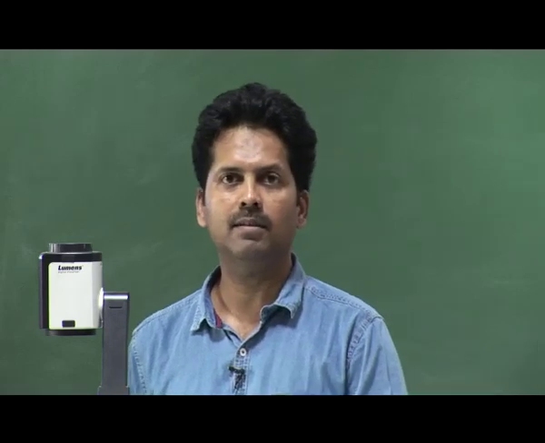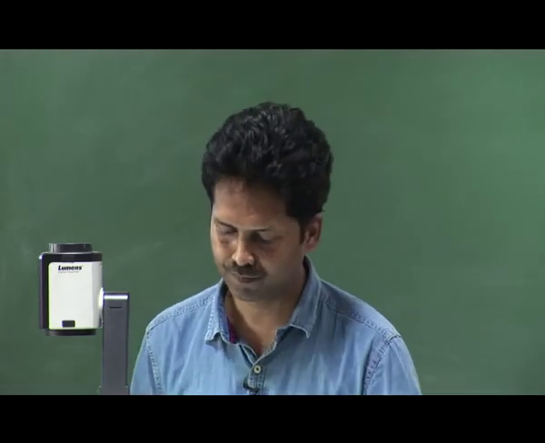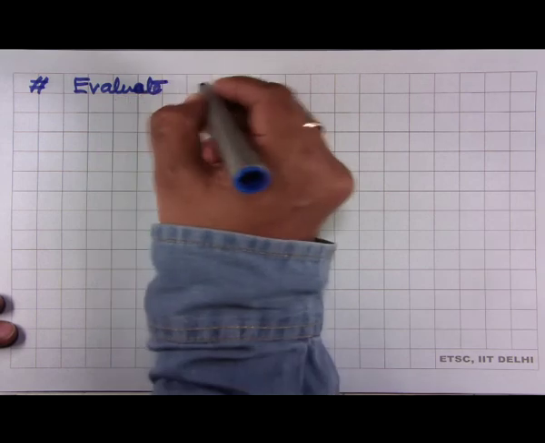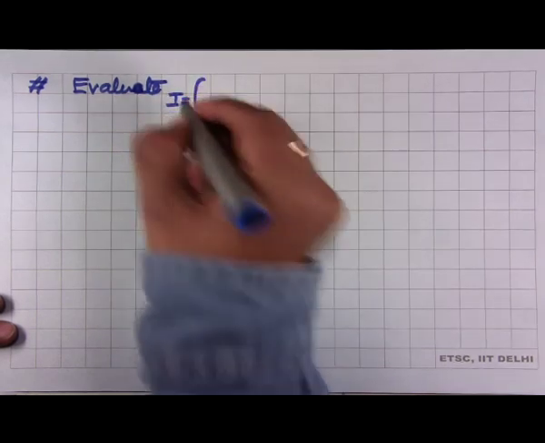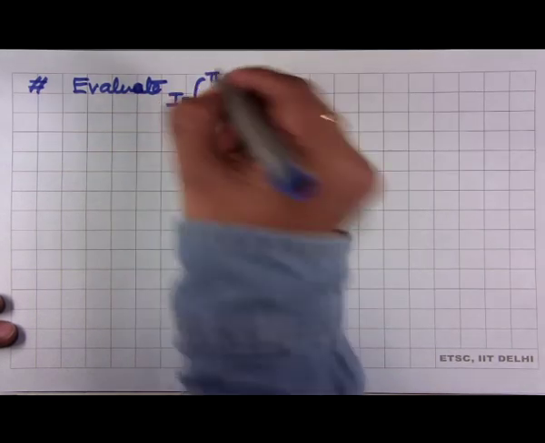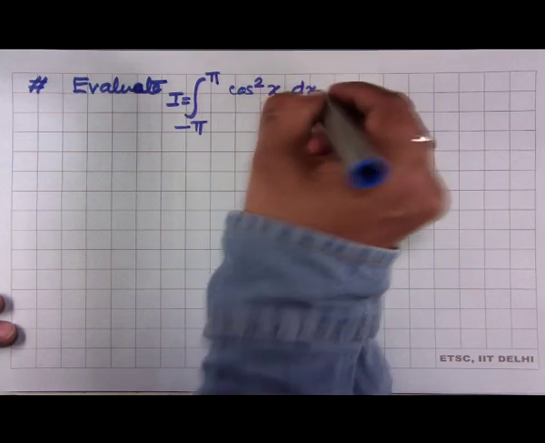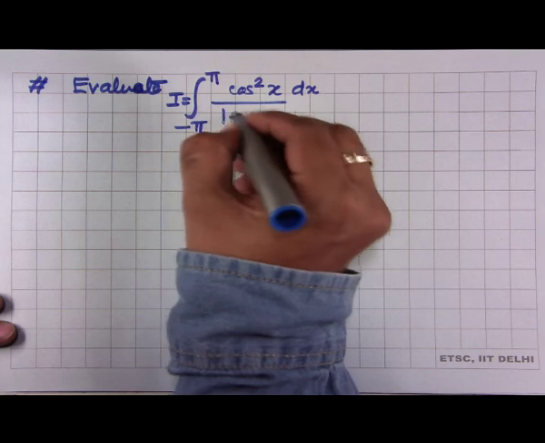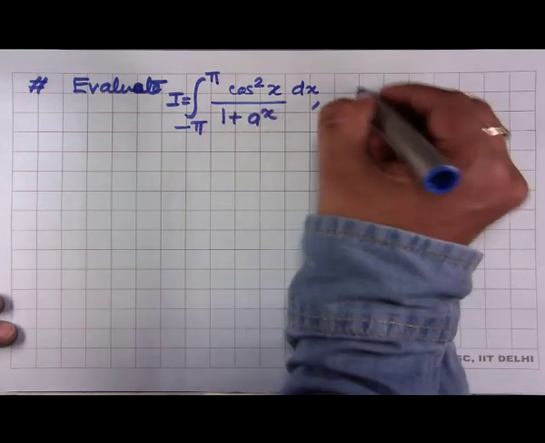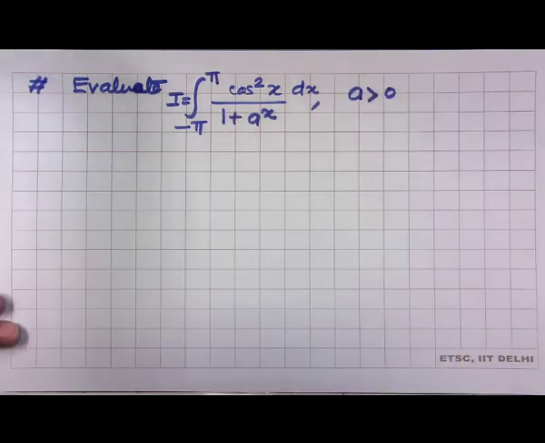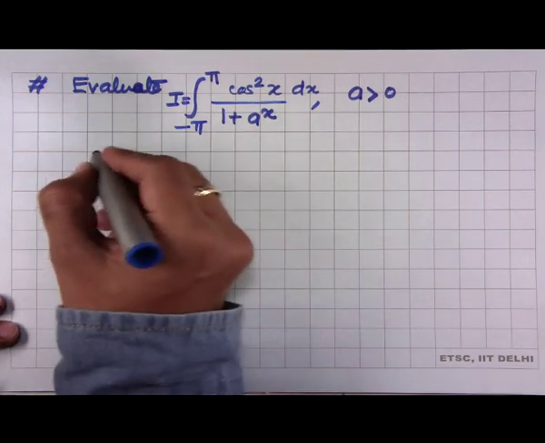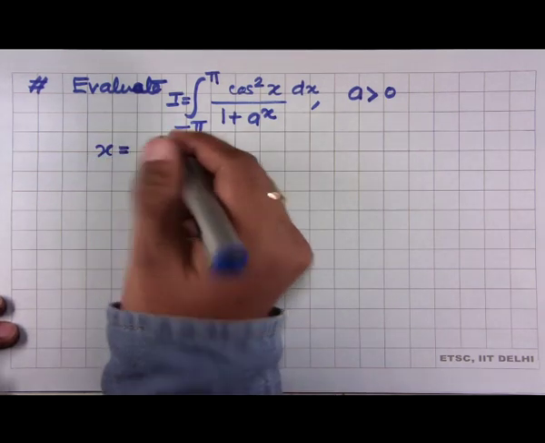Let us take another example in this sequence. Evaluate the integral from minus pi to pi of cos square x dx by 1 plus a to the power x, where a is positive. So what should we do?